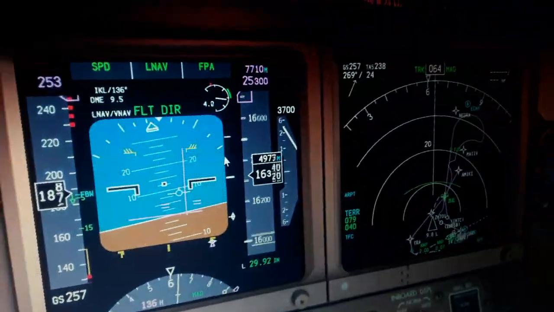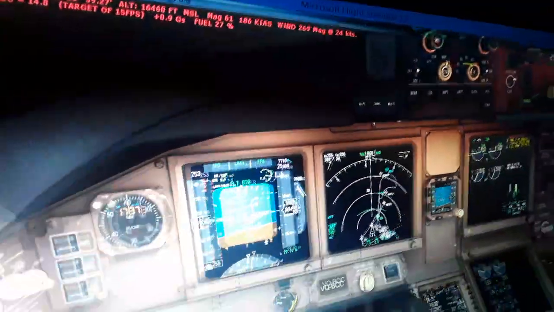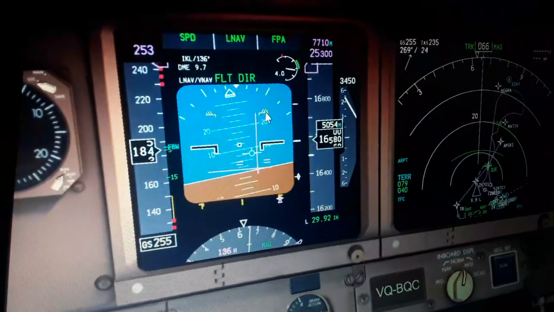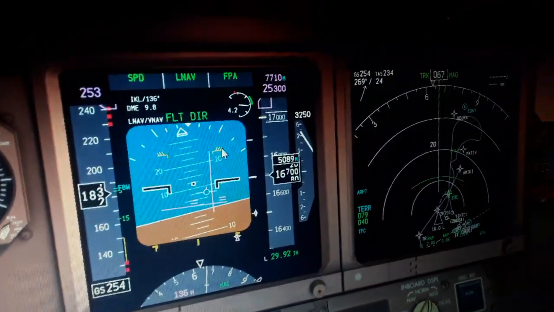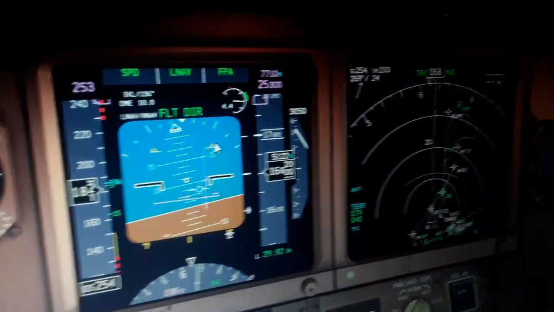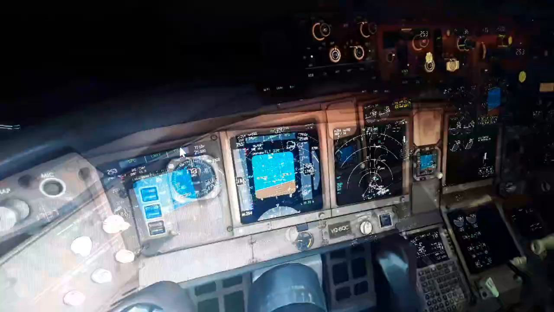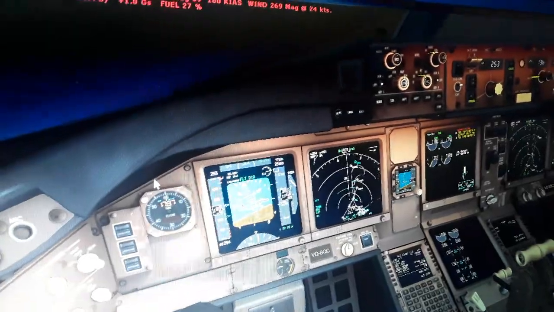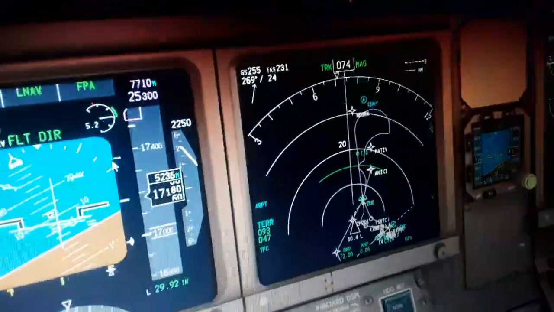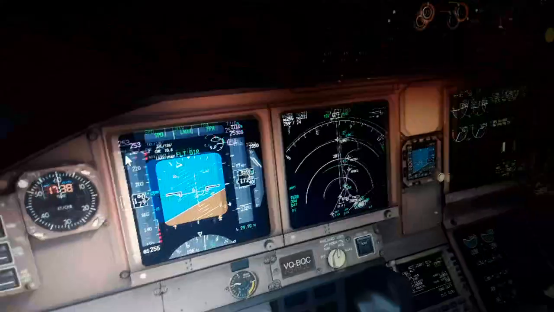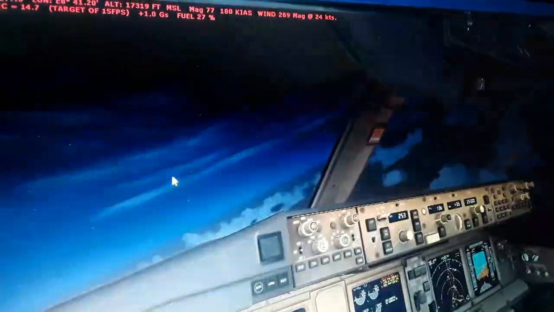16,000 feet. Gonna have the max speed also. It must be like Mach 0.4 or about 550 kilometers an hour right now. 17,000 feet.